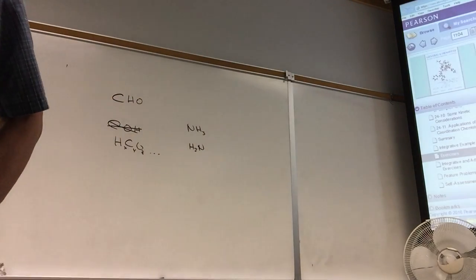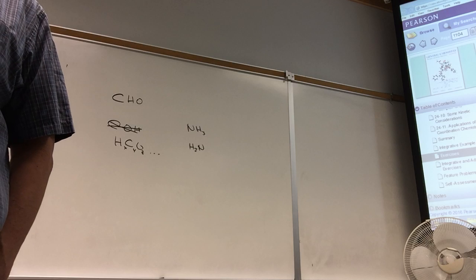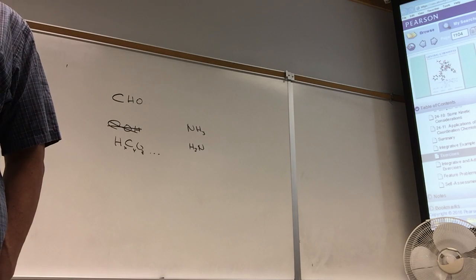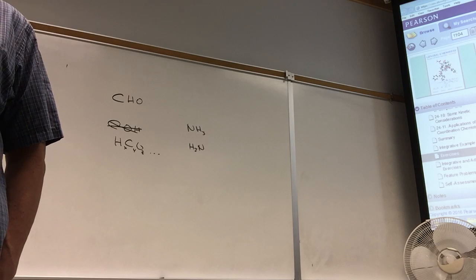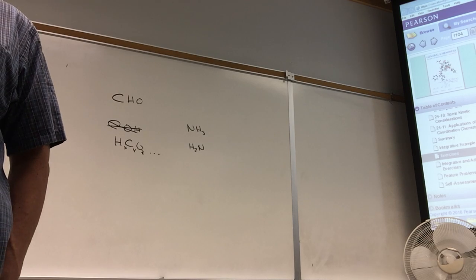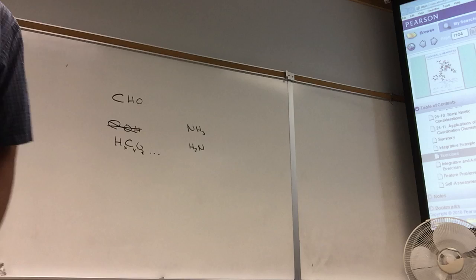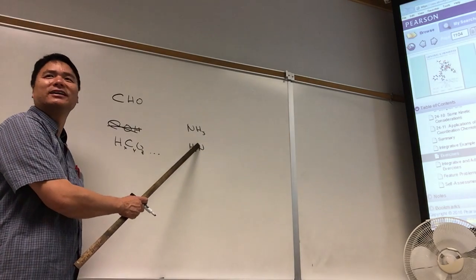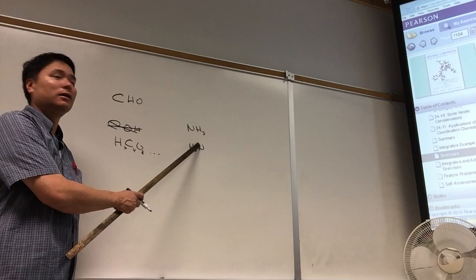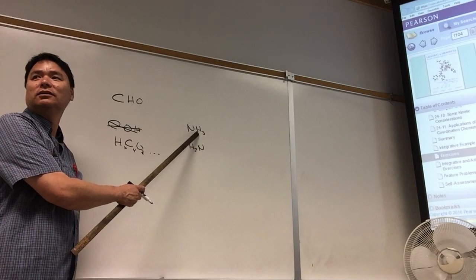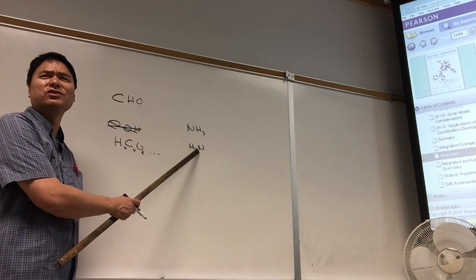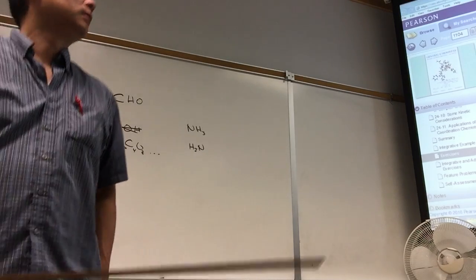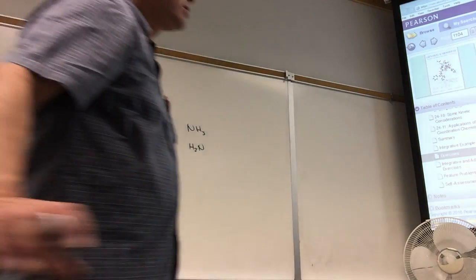I was trying to find ammonia from a European chemical supply place, and I couldn't find it until I realized I was looking for ammonia, not hydrogen nitride or nitrogen trihydride. I forgot which one it was. That's the way they named ammonia. But anyway, that's what we're stuck with.